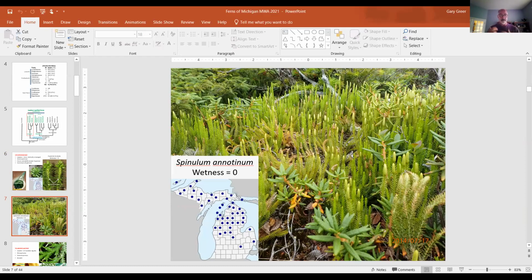And especially Spinulum, but it's true for Huperzia too, they can form these dense colonies that can dominate patches within wetland or forest. I was once astonished at the acreage, literally the acreage that was covered in Spinulum in Quebec a few years ago. It was probably 3 or 4 acres of almost a monoculture of Spinulum. So they can be quite successful.